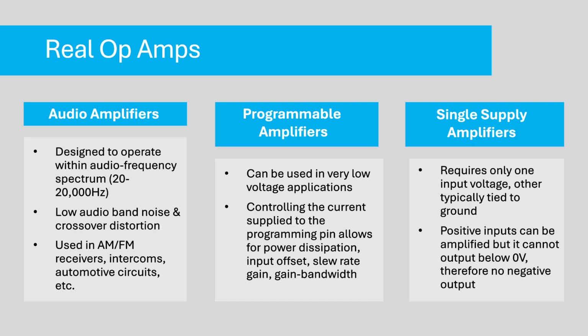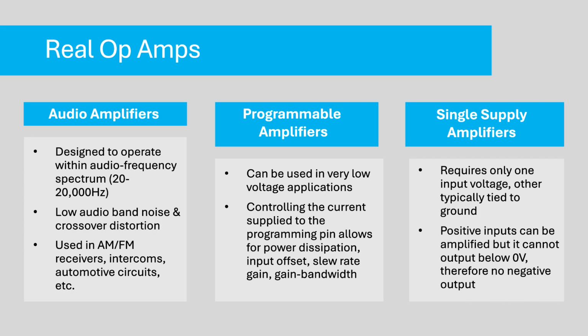But first I want to talk about single supply amplifiers. This is another very useful amplifier circuit. As the name suggests, it only takes one input, and then the other input is typically tied to ground. So our reference voltage is 0 volts there. These can be great because you only need one input to do the amplification.